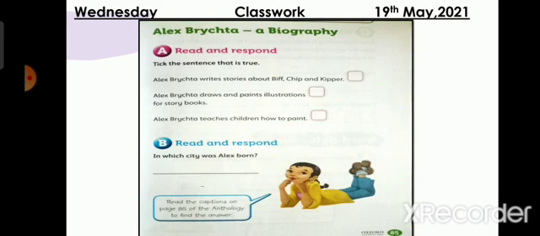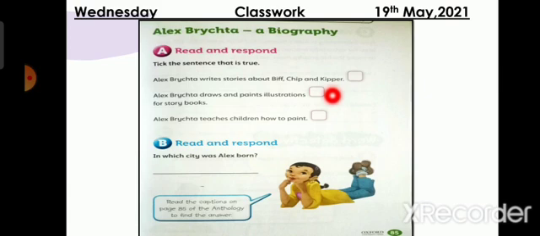Which one is the correct sentence? Yes, you are right. The second one is the correct statement. Alex Brichter draws and paints illustrations for storybooks. So, what will you do? You're right. You have to put a tick in this box.